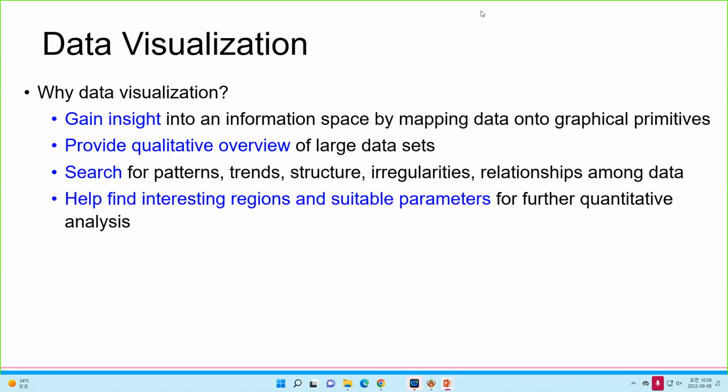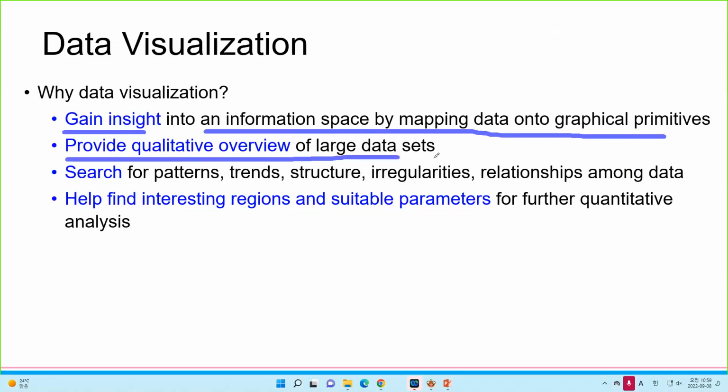We want to gain some insight. And the information space should be represented in the graph, because if we just show the numbers, we cannot understand at all. It will provide a qualitative overview of large data sets.